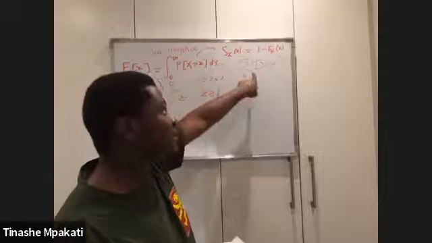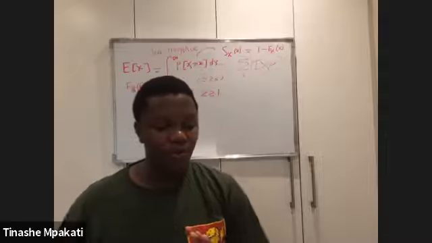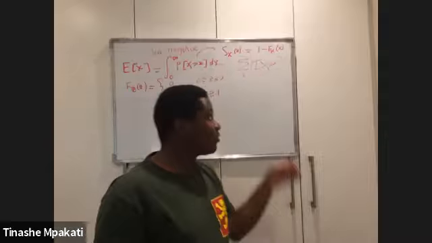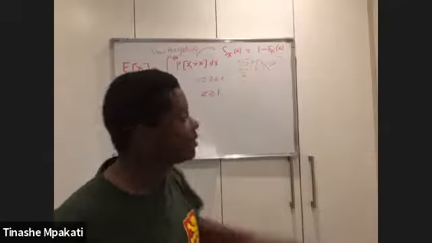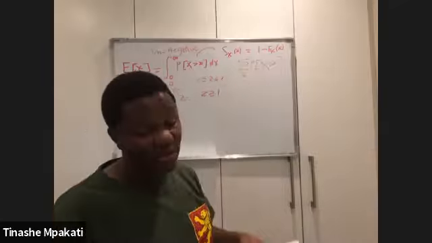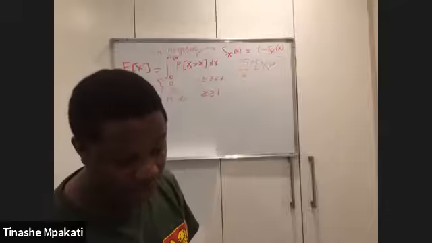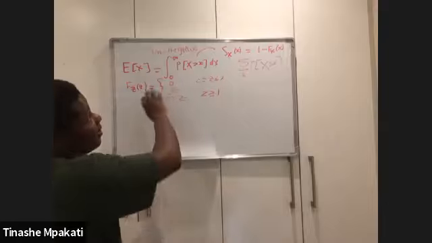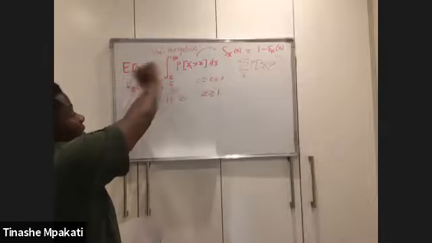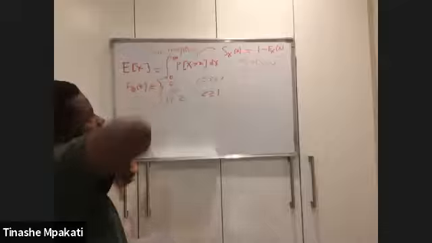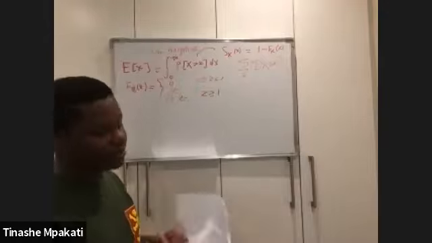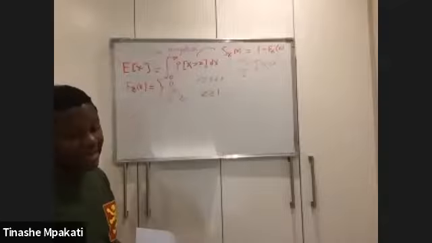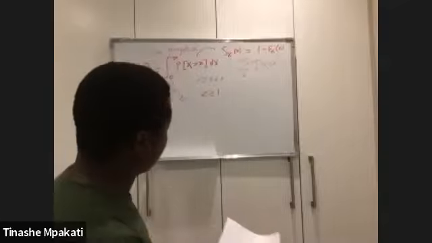Because once we start summing, like 1, 2, 3, it means the random variable is discrete. So for now, let's just keep it with this definition, which says that if your random variable is just non-negative, it doesn't matter whether it's continuous or discrete. This is how you find your expectation.